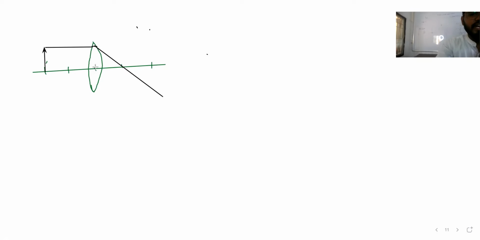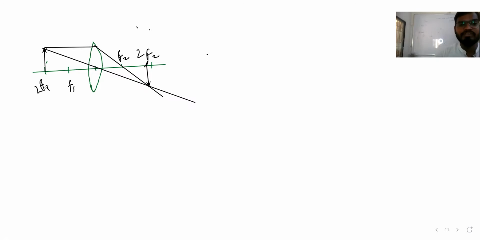Next, a ray of light passing through the center of curvature meets somewhere here. I am adjusting a little so that you understand. 2F2, F2, F1, 2F1.